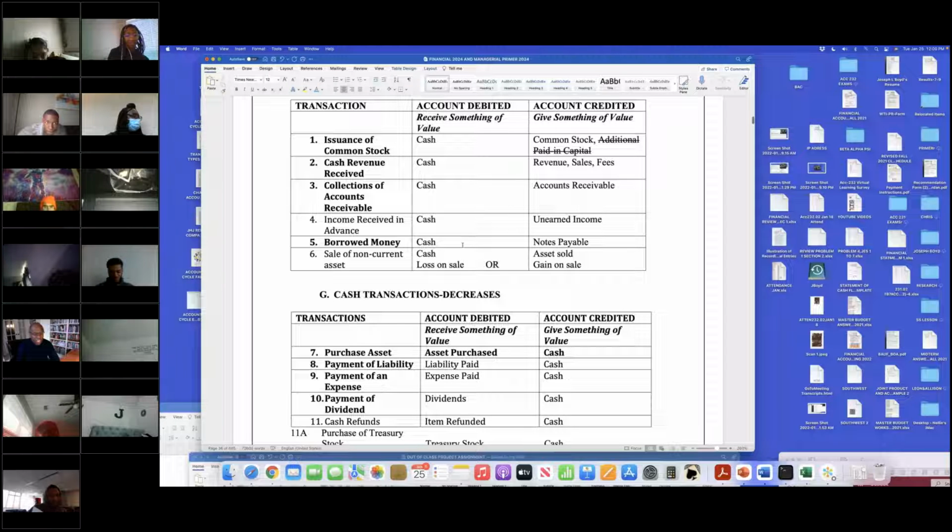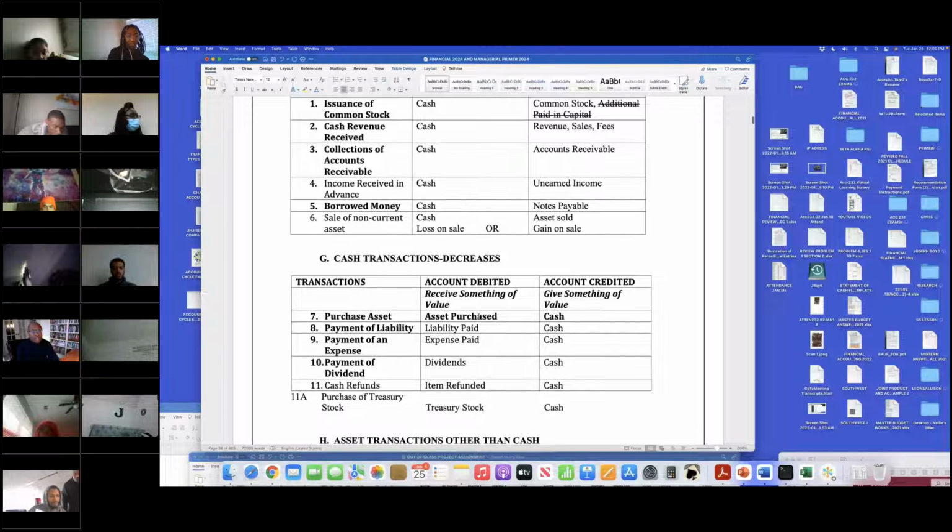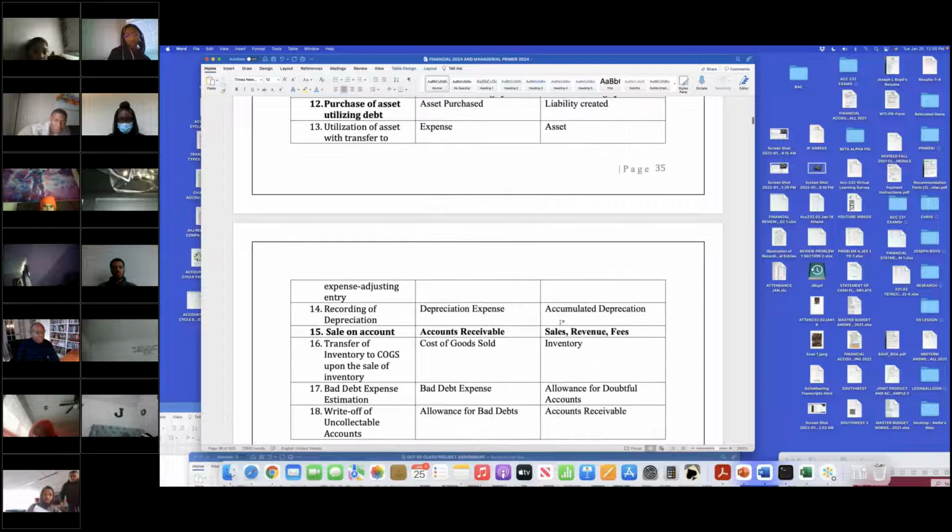We purchased an asset, that's a type 7. In a 7, we debit the asset purchased and we credit cash. And so supplies is what? 130.